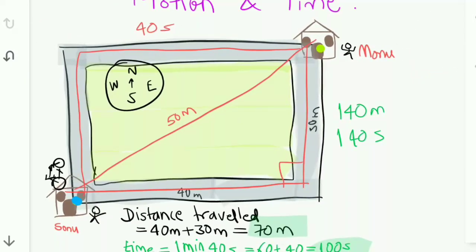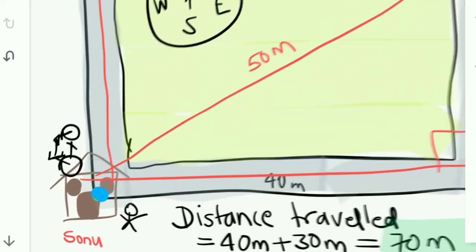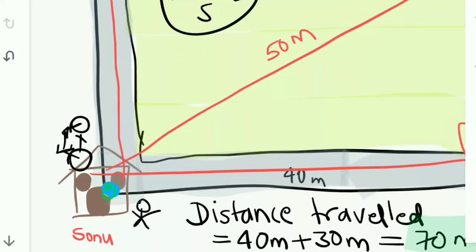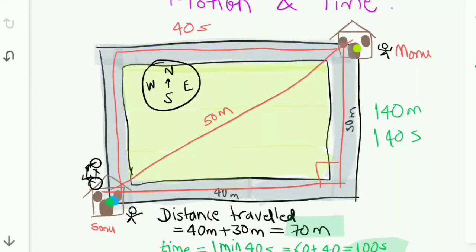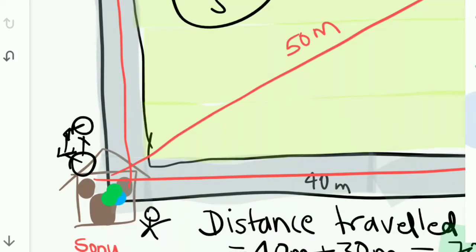So for his first journey, that is starting from his own house to Monu's house, was 50 meters in northeast direction. But for the entire journey, he started from this position here, and at the end he came back to this same position.